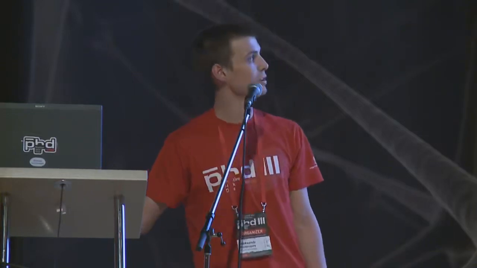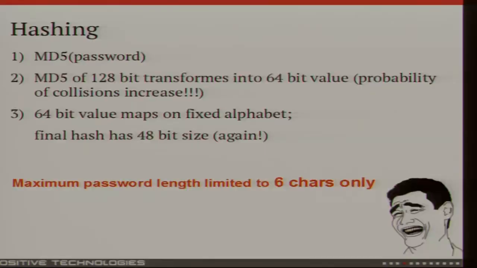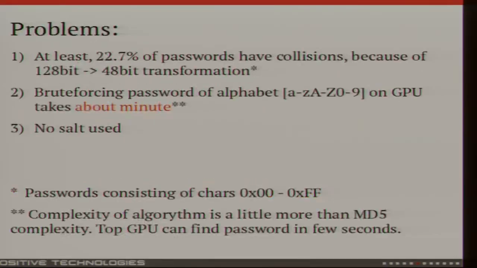But the most interesting side is that the length of the password is limited to only 6 characters. That's why, across the variety of different passwords, not less than 22.7% of passwords have guaranteed collisions, because of this transition from 128 to 48.